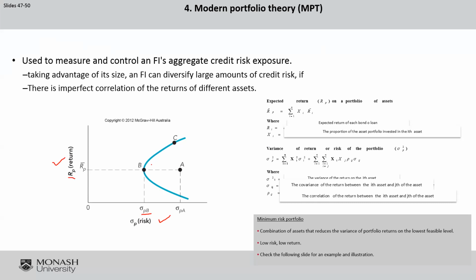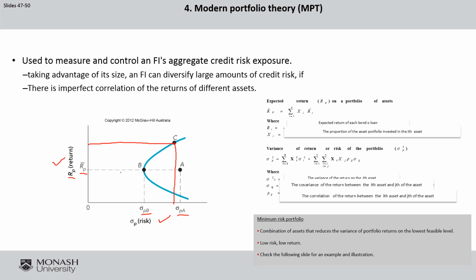So this black dot is actually a portfolio. A is a portfolio and C is a portfolio. As you can see, A has this risk, which is high risk, and it has this return. If you look at C, it has this risk, and it has this return.